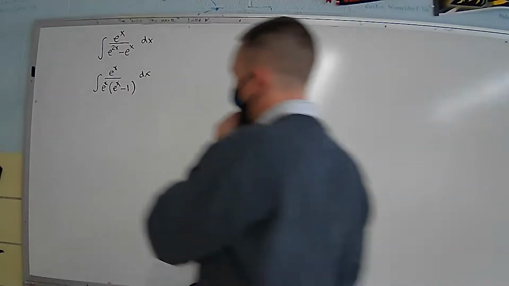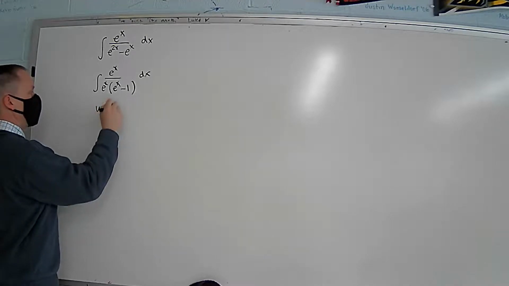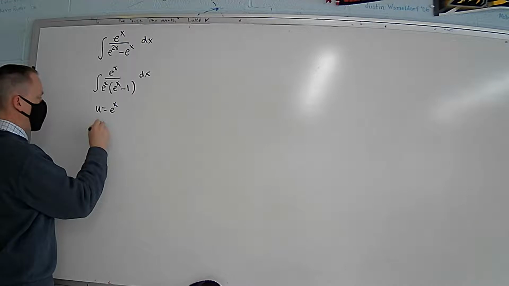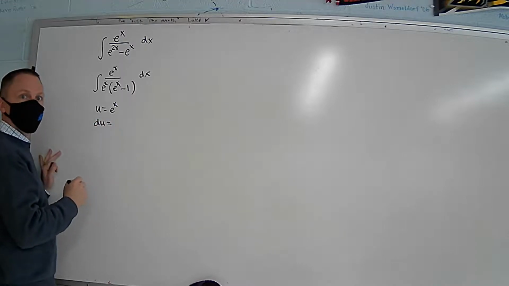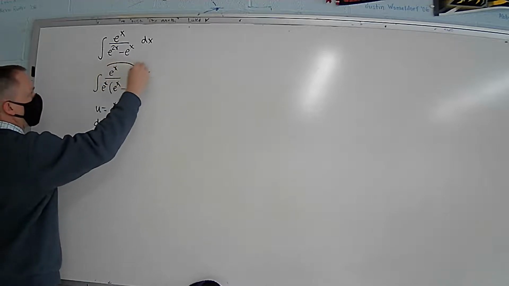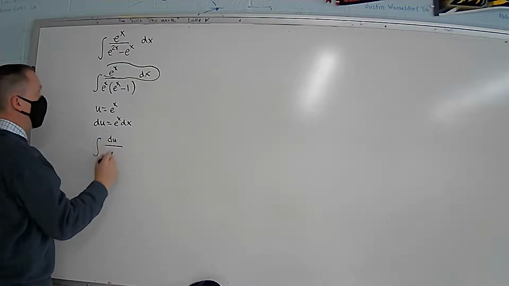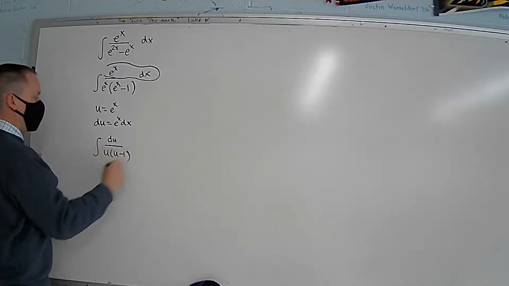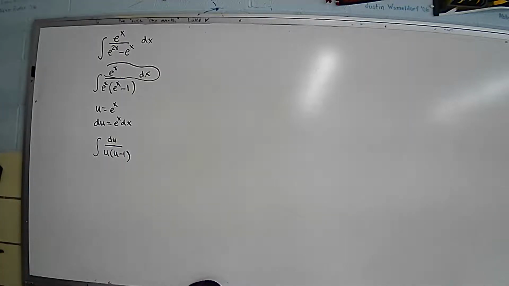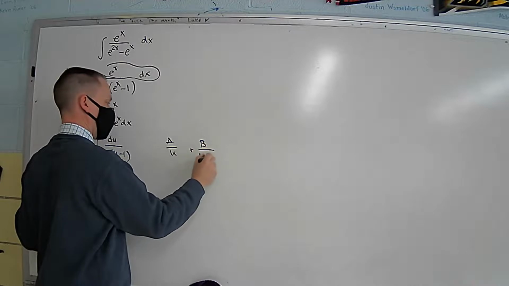So what we're going to do is make a u-sub. If u is e to the x, what's du? e to the x dx, right? So that's the numerator. It ends up being du over u times (u minus 1). And now do you see the partial fractions? If I break this up, I have A over u plus B over (u minus 1).